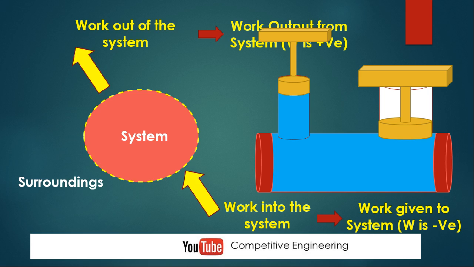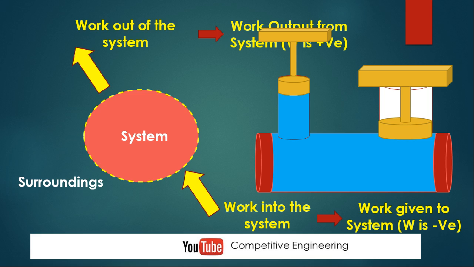So what I am going to do, I am going to apply some force on the left side piston. This piston and the cylinder body containing fluid is our system, and applying an external force means I am applying an external force from surroundings on the piston.